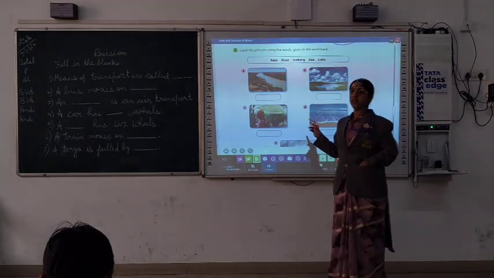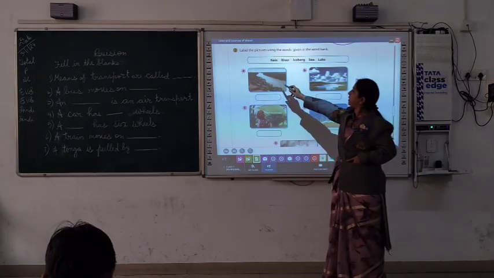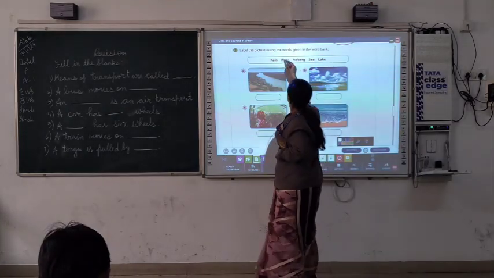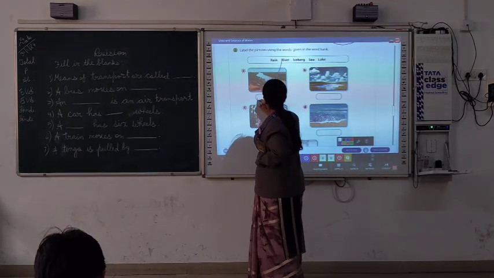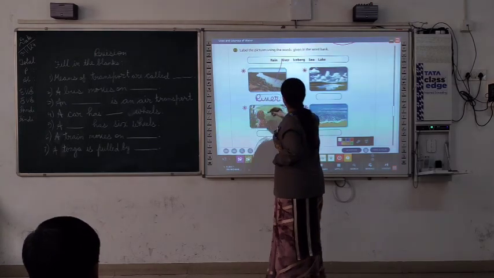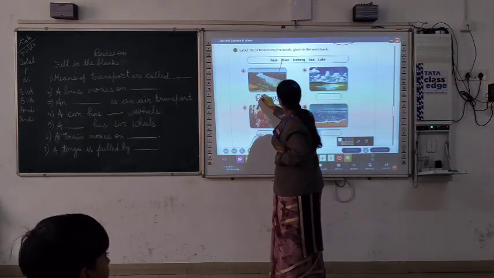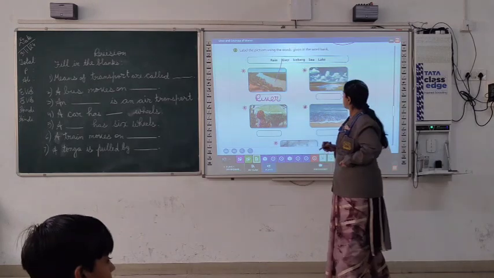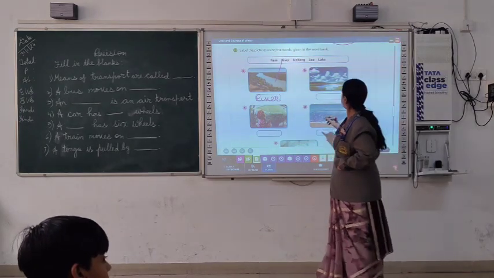Now we have some pictures and there is a helping box of words. You have to write their names. Which picture is this? River. So this is a river. And the second picture is of a lake. Lake. Very good.